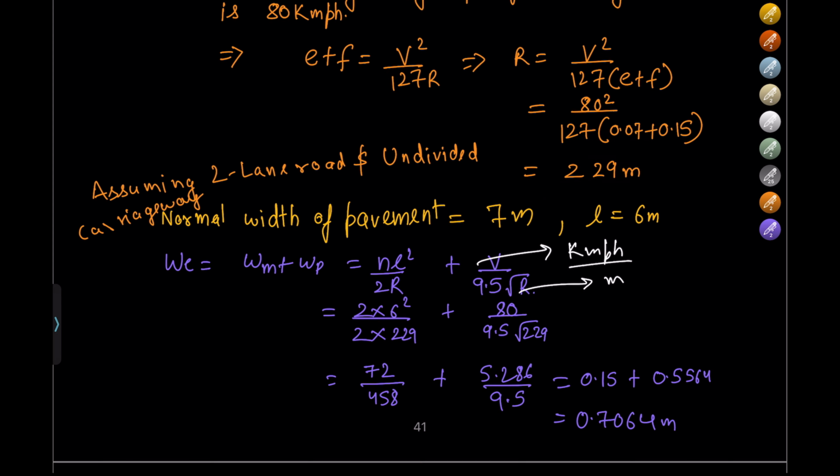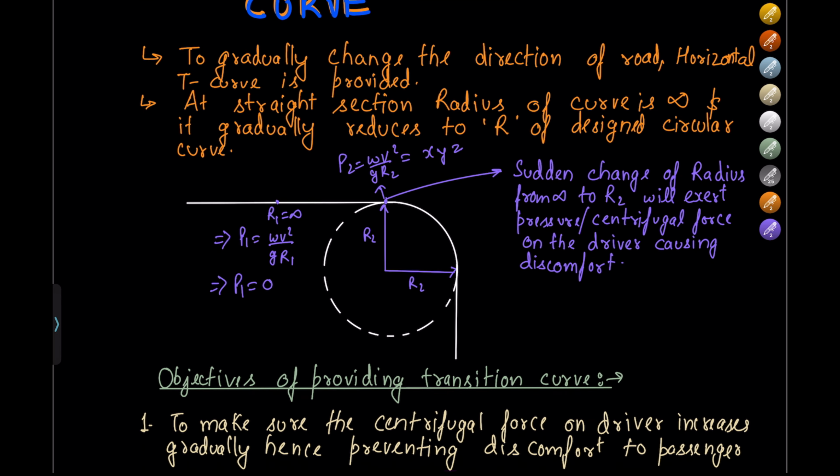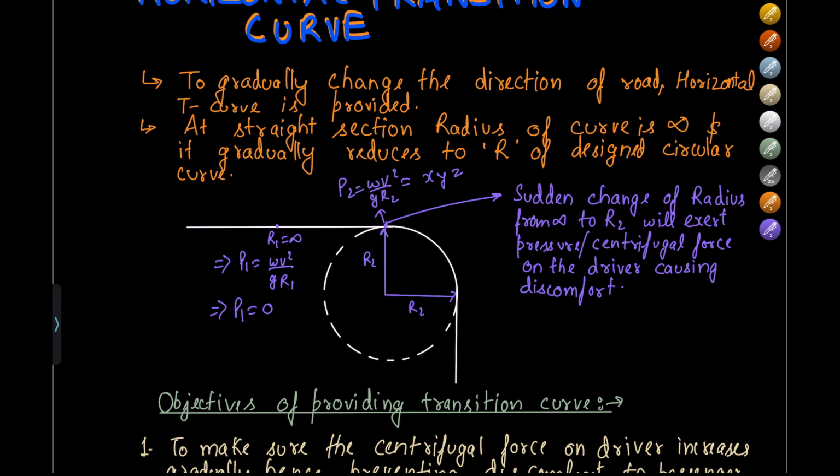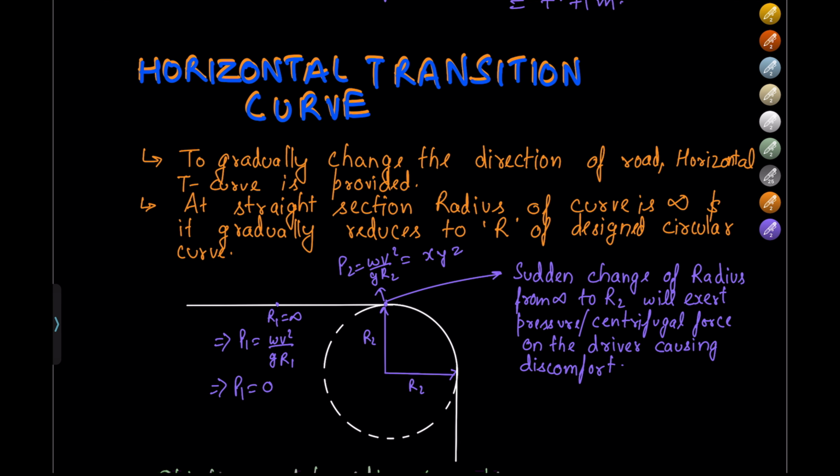So if there is no transition curve, the radius will suddenly change from infinity to R, or maybe 229 meters. And if it suddenly changes from infinity to R, it will exert a value of WV square upon GR on the vehicle.